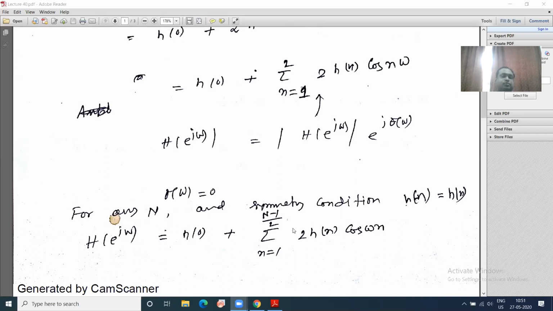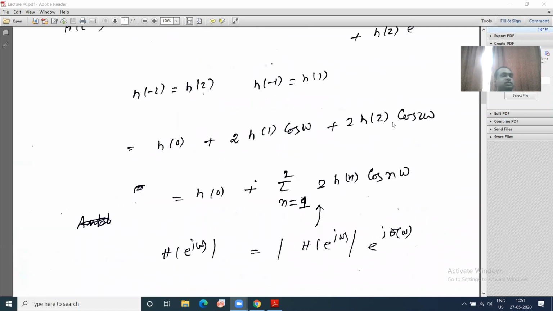Agreed? See, for this example, N equal to 5, (5 minus 1) by 2 equals 4 by 2, which is 2. So n equal to 1 to 2, and this is valid. If I put n equal to 1, 2h1 cos omega, if we put 2, 2h2 cos 2 omega, which is again satisfying this equation.